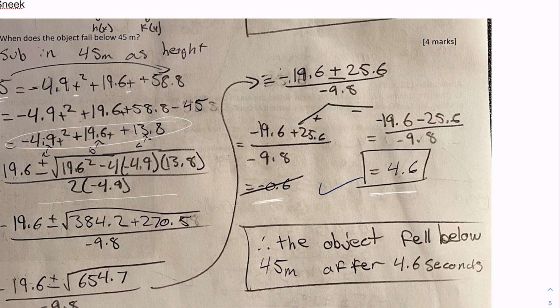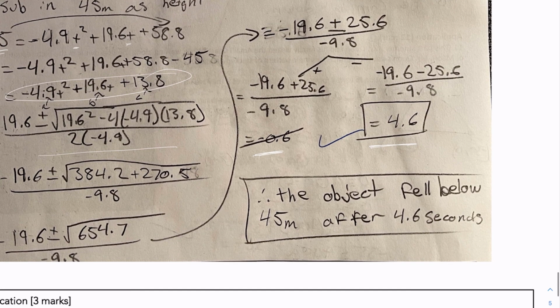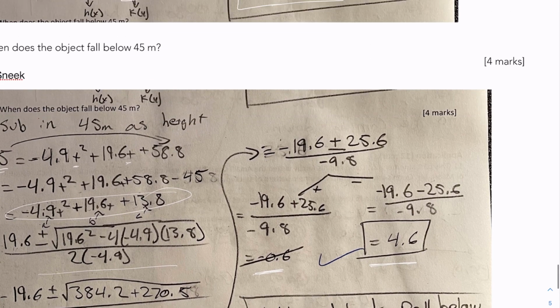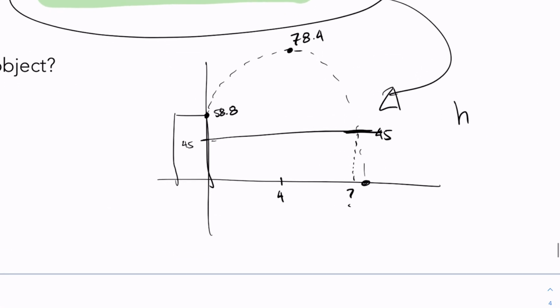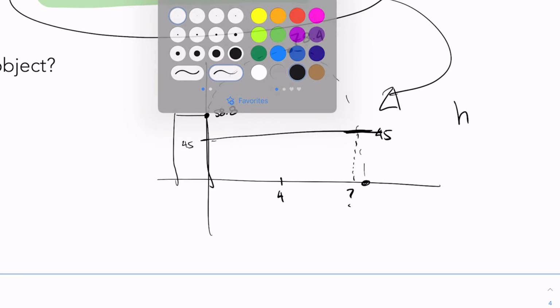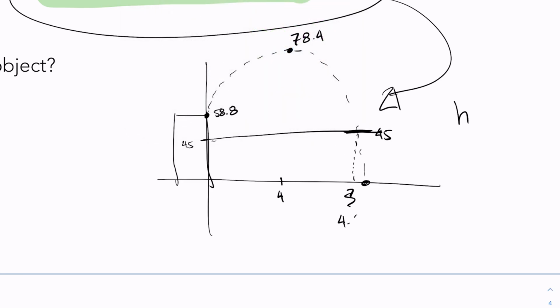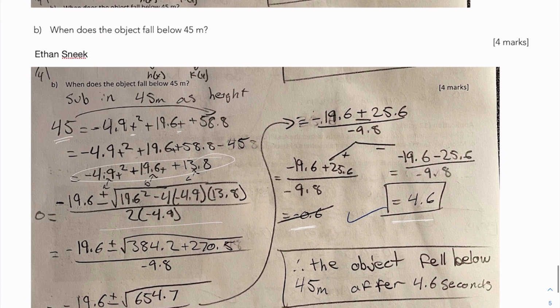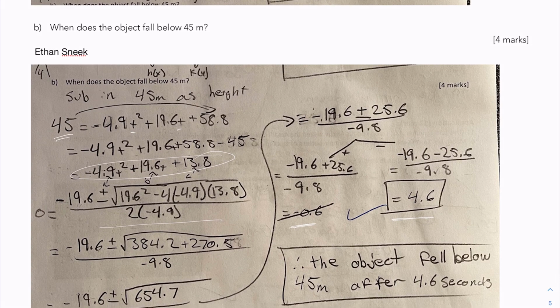Because time can only be positive in this case, 4.6 is the time at which it falls below 45 meters. If you go back to our picture, the 4.6 is going to be about right over here, 4.6 seconds. And that's it. That is the Unit 2 test for you.